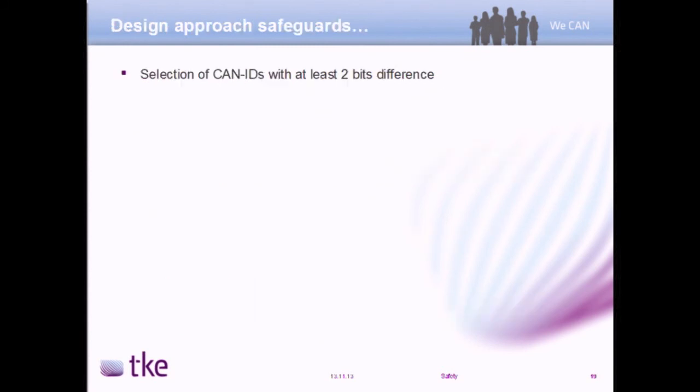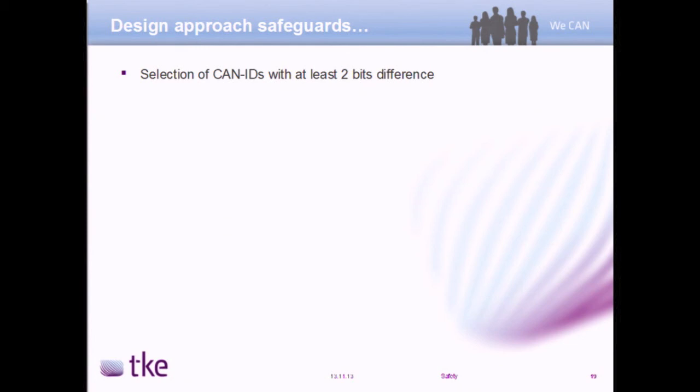And then, when we were building up the equations, we found out nice design approach safeguards. Just principles to be followed during the design by which we can further increase the residual error capabilities. This is adopted from SRE0.